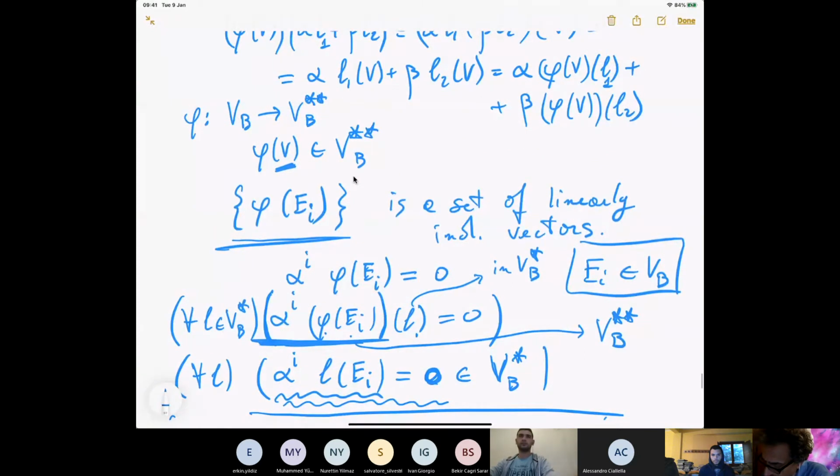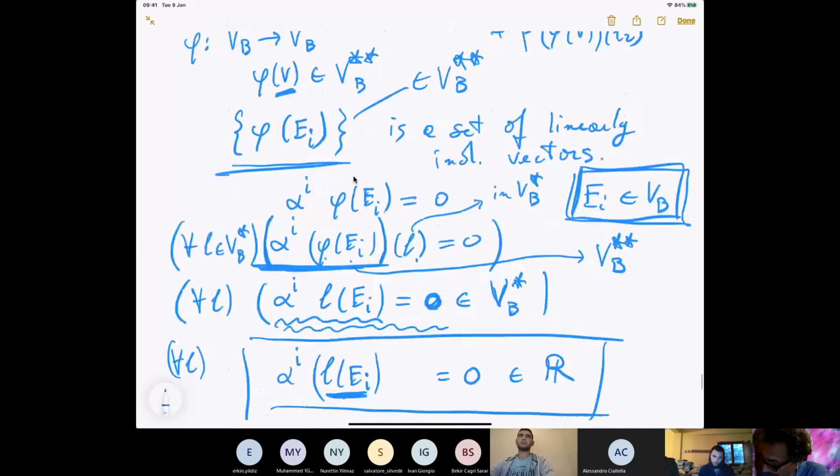Phi E I is a set of vectors in V star star B. And we want to prove that this is linearly independent. So I think that now we are converging to the right result.